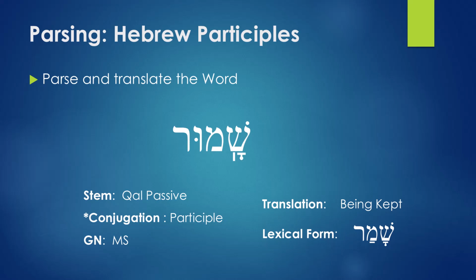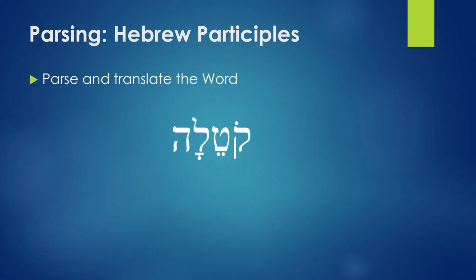The translation is being kept. Passive participles are translated with the word being. Being kept, being written. That's how you translate them. Lexical form, this is coming from shamar. Next you have the word kotela. How do you parse this word?